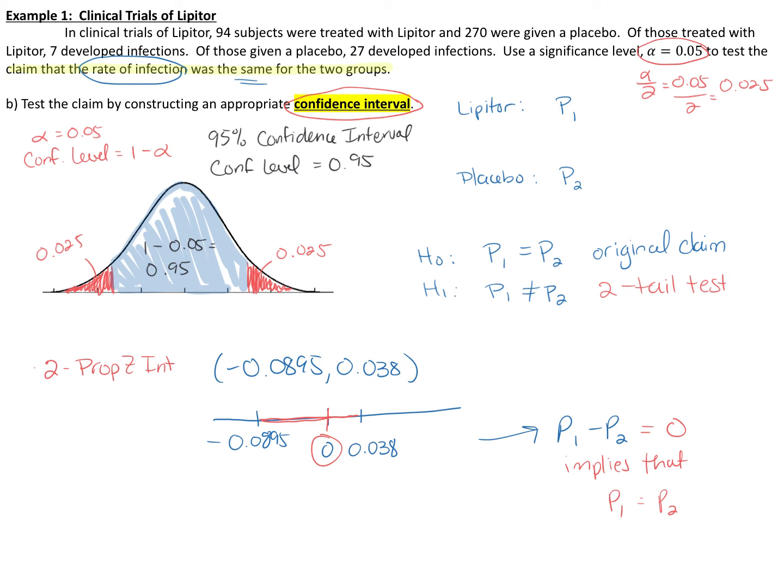So the fact that it could possibly equal 0 means that it is also possible that the infection rates for the two groups are the same. So because of that, we cannot reject this null hypothesis. So that's why we're going to fail to reject the null hypothesis. So notice that you come to the same conclusion as when you did the hypothesis test.